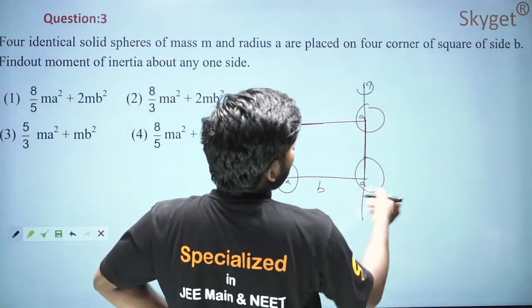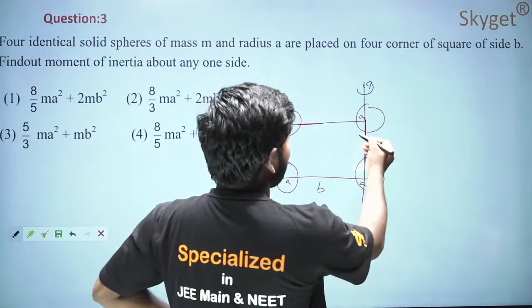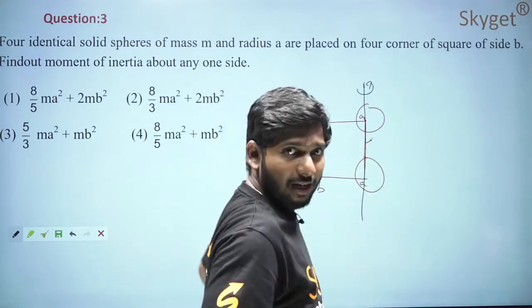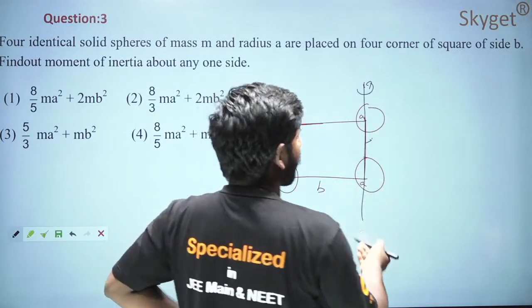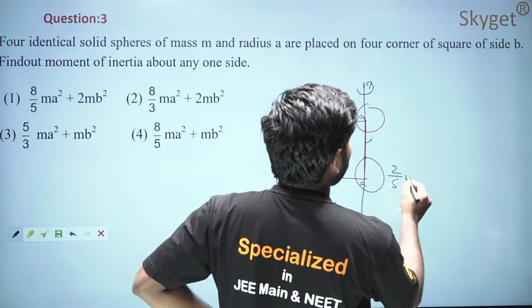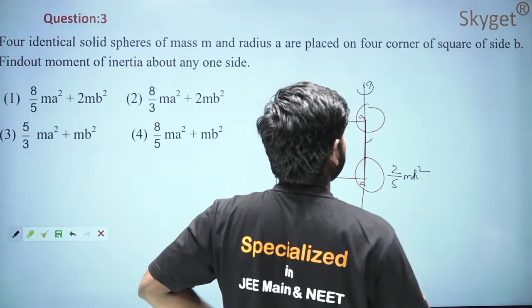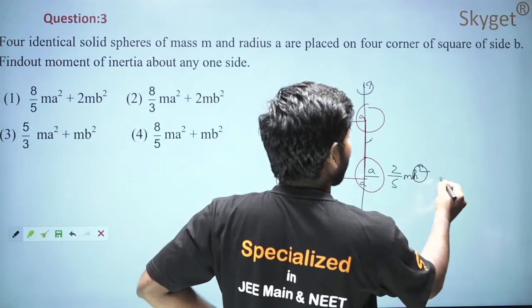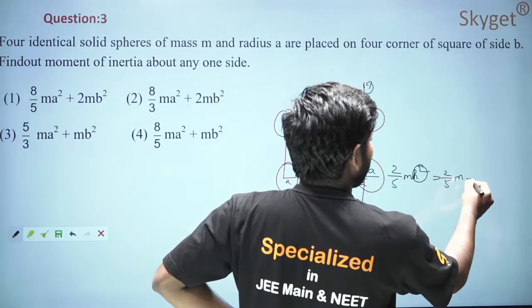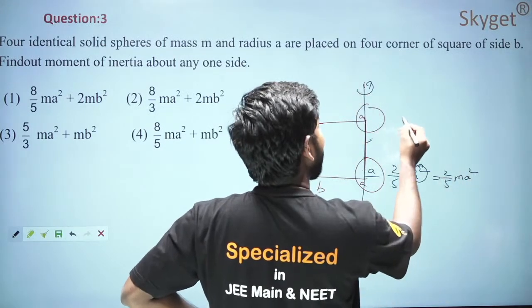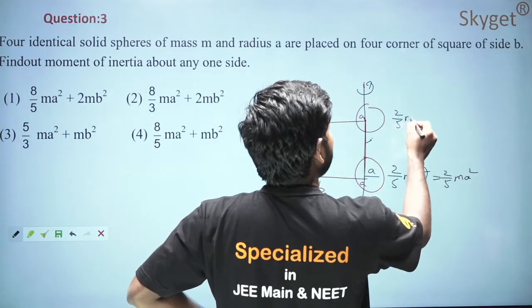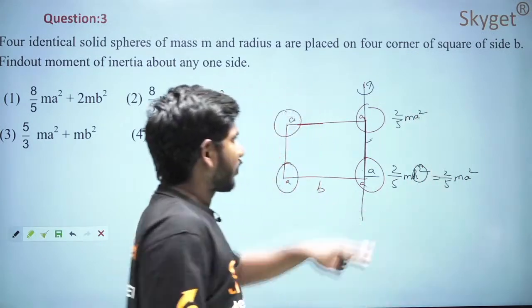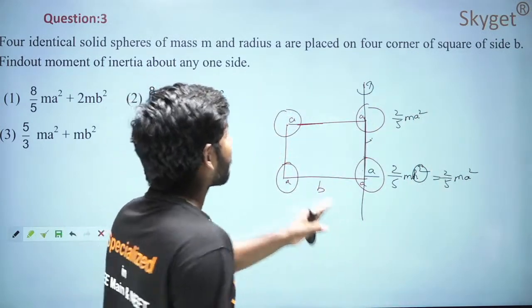So for this sphere, this side will be the diameter. About the diameter, what is the moment of inertia of this sphere? That is 2/5 m r squared. Here r is the sphere radius, so that is 2/5 m a squared. Similarly this one will have 2/5 m a squared. So you got two particles now.